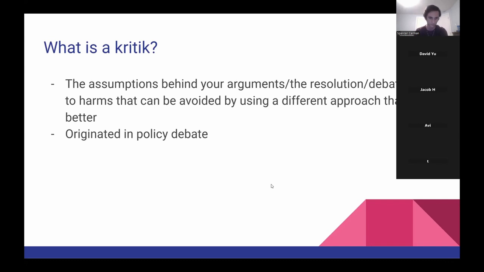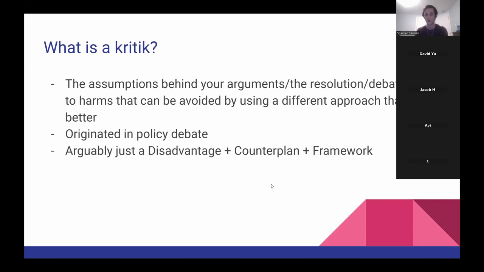So critiques are arguably just a disadvantage and a counterplan plus framework. We can get into this more when we talk about the more specific parts. But what's important to remember is that critiques are just arguments. So while they might seem scary and there's a lot of jargon, at the end of the day, they're just arguments in debate and they should be answered as such.